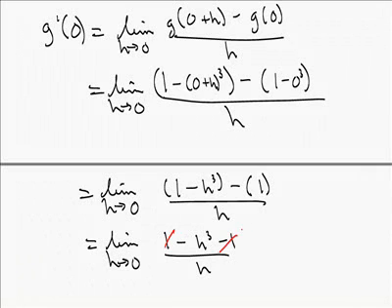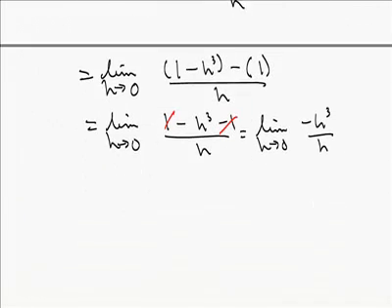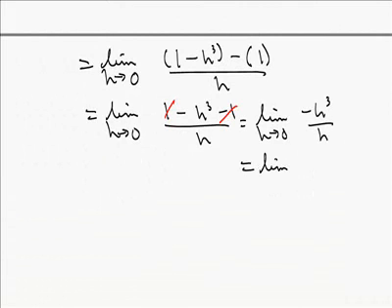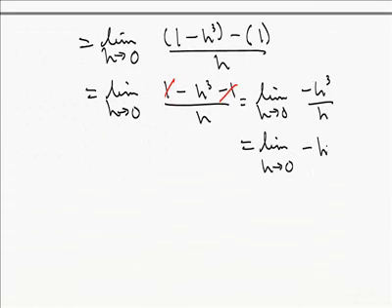Now the positive 1 and negative 1 add to 0, so we have the limit as h approaches 0 of negative h cubed over h, which is equal to the limit as h approaches 0 of negative h squared. And so now this function is defined at 0. We can go ahead and put 0 in for our limit. It's continuous at that point, and we get 0.